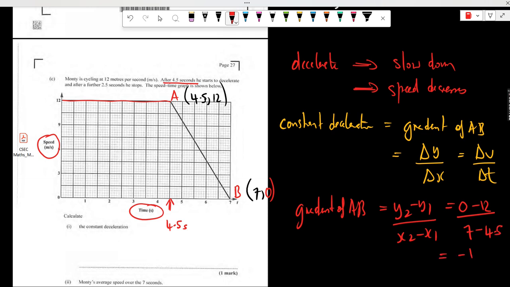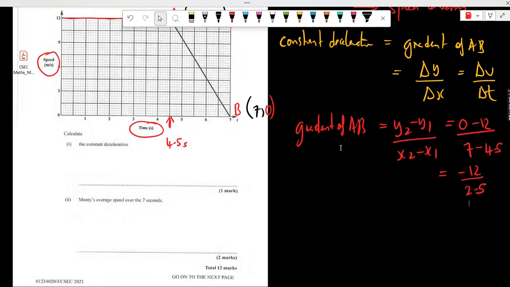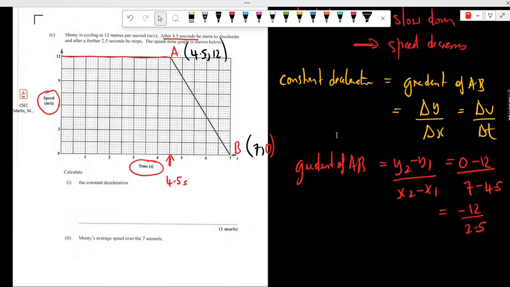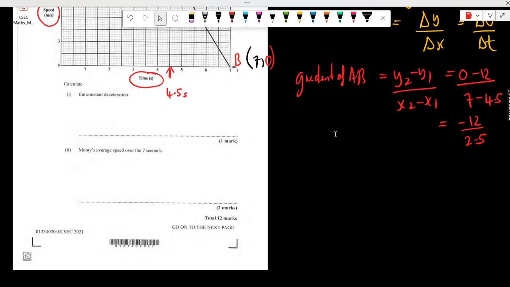So this gives us minus 12 divided by 2.5. Go to your calculator for me. What is minus 12 divided by 2.5? I got negative 4.8, sir. So negative 4.8, and we must put our units. It is going to be meters per second squared.